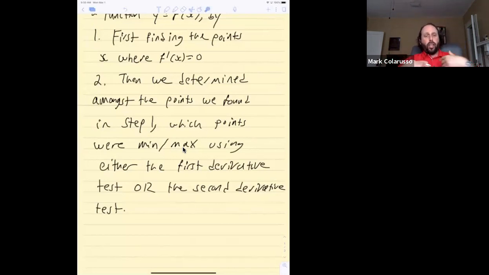I think the tricky thing, as with those physics problems we did several weeks ago, is going from the English word problem, building the equations from there, and then applying the calculus to get the conclusions we need.